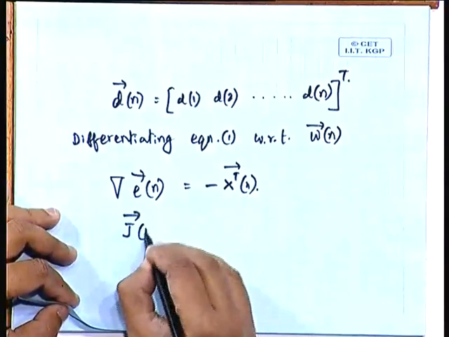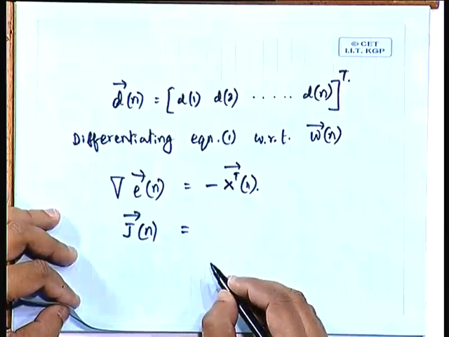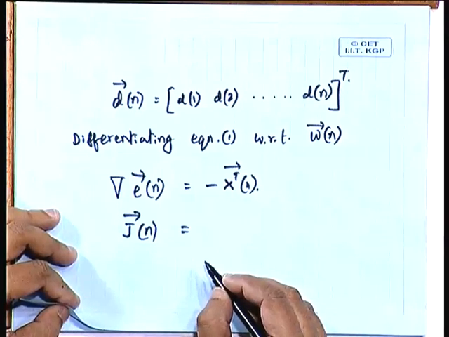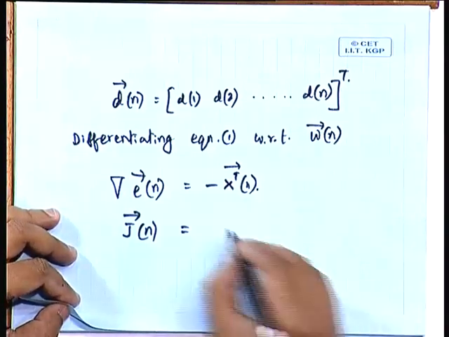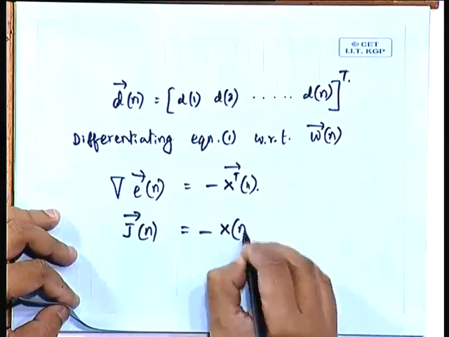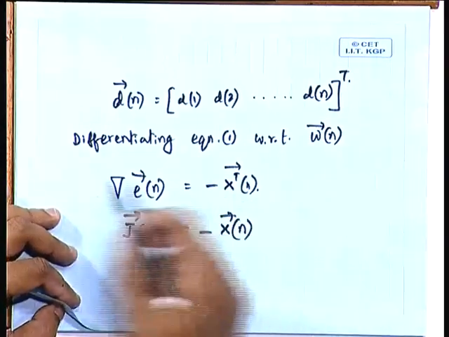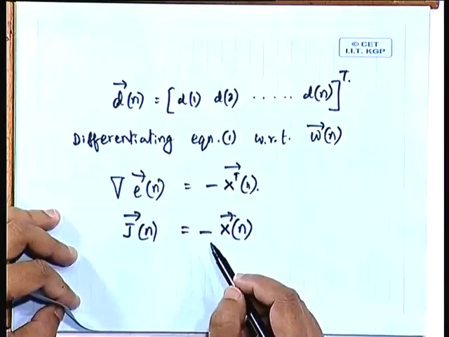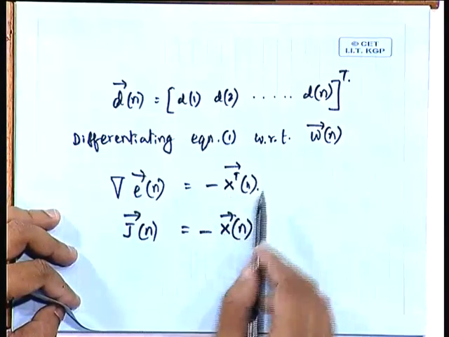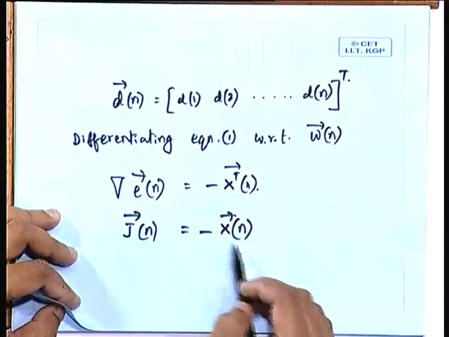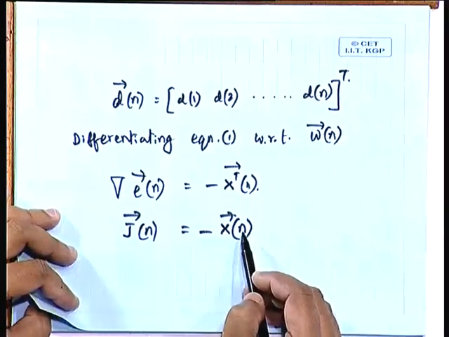So that is why the Jacobian matrix J n is going to be what in terms of x? Minus x of n, because we have to take the transpose of the gradient matrix. So transpose of the gradient matrix means transpose of this once again, means we are back again to x n.